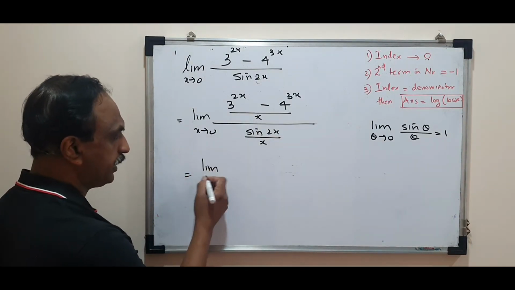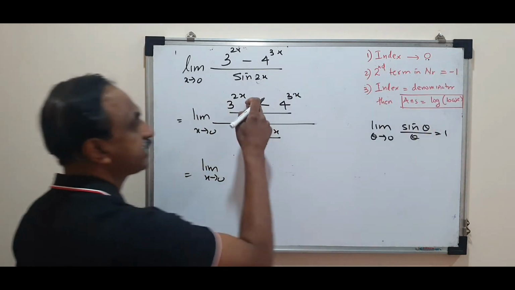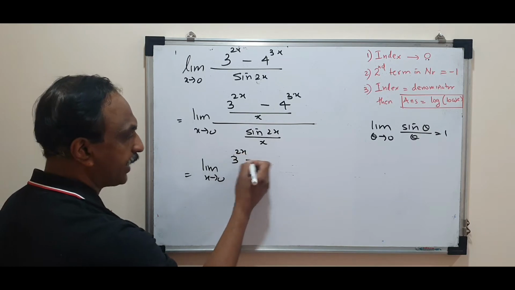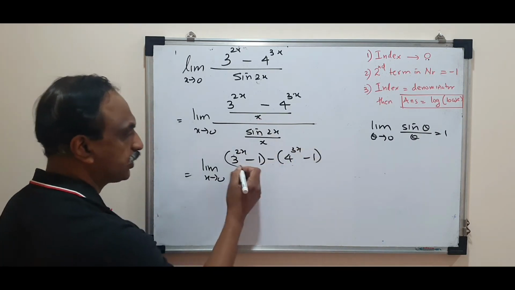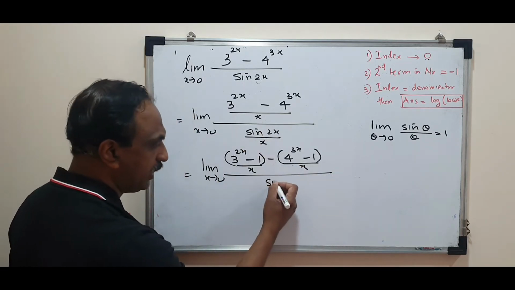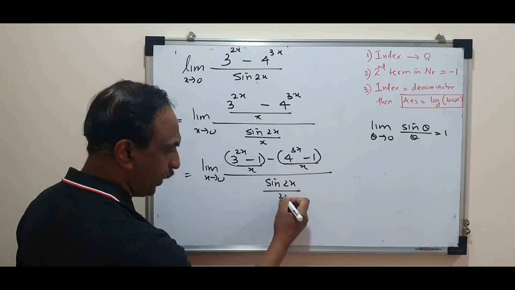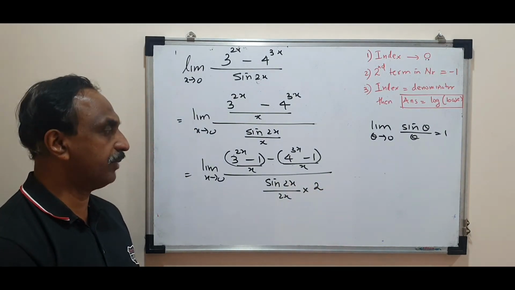Now I will bring a minus 1, which I do not have here: 3 raised to 2x minus 1, minus 4 raised to 3x minus 1. This 1x over here, 1x over here, divided by sin 2x upon 2x into 2. To make the angle and the denominator the same, I divide and multiply by 2.